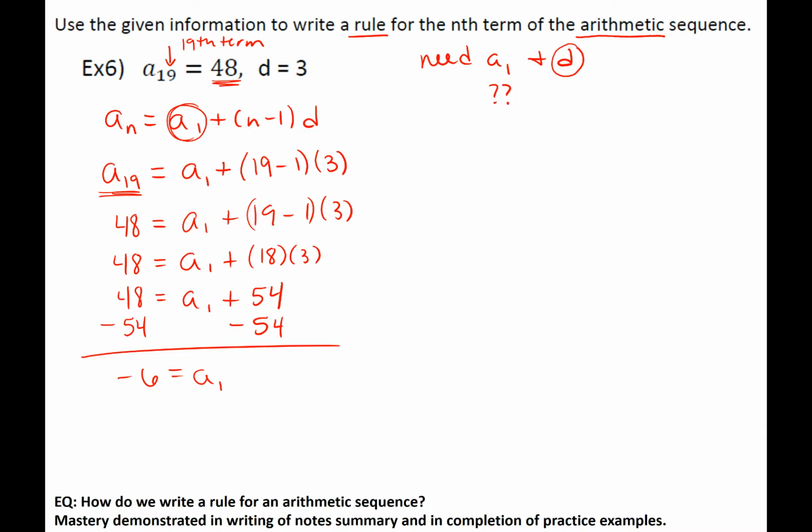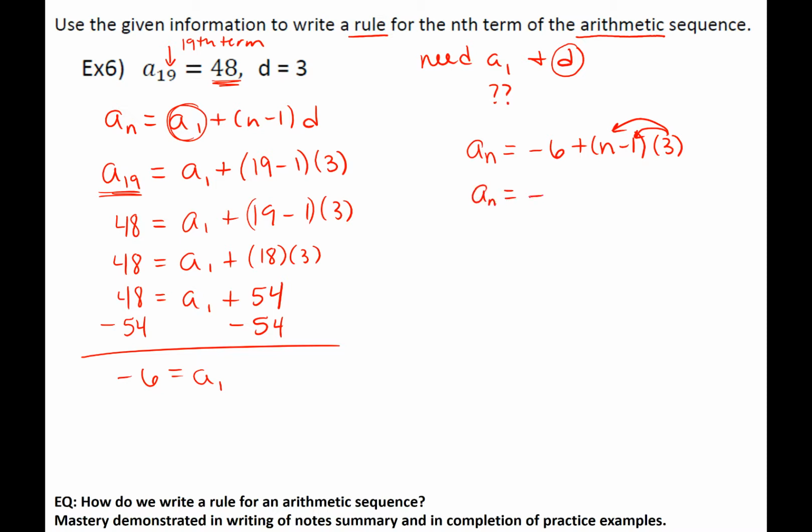So now I have a sub 1, now I have d, so now I can write my rule. So here goes. I would say a sub n equals, my a sub 1 I found was negative 6, plus n minus 1, and then my d was 3. So remember, when you're writing the rule, the actual equation, you're only plugging in the a sub 1 and the d. So then I would back distribute.